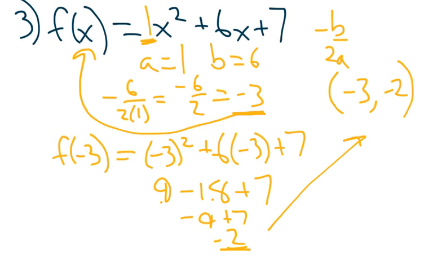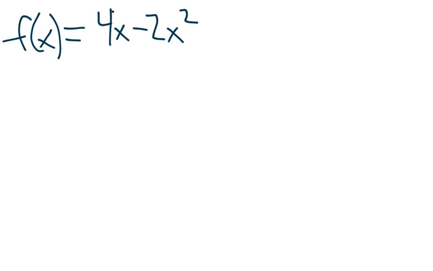Okay, I'll do one more example with one that has a larger coefficient than 1 for a. So let's consider this one. Now, first of all, it's out of order, all right? So this is your ax squared, and this is bx, and there's no c. So it helps to identify what a is.